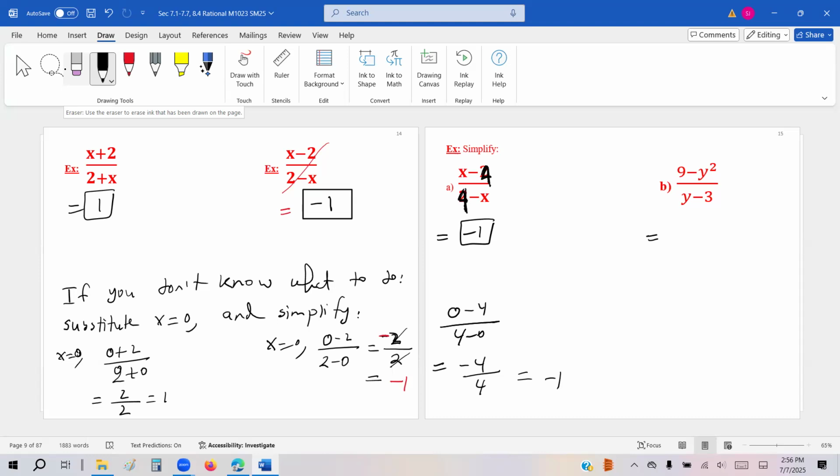Remember, you're applying difference of perfect squares. So 9 is 3 squared, right? So you are going to add and subtract the bases, not the entire thing. So what are the two factors we have? 3 plus y, 3 minus y. Perfect. And the denominator we have y minus 3.